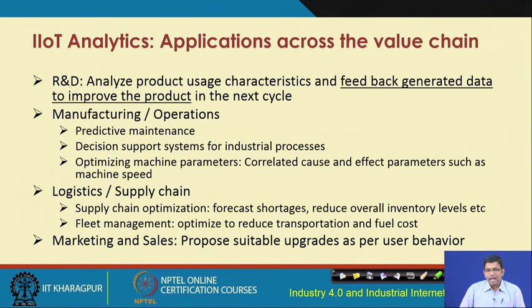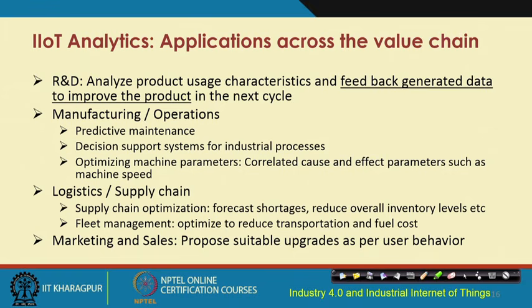Different applications across the value chain. For R&D, analytics is useful to understand the usage characteristics of a particular product and then feed back those insights generated from this analysis to the next cycle of the product that is being manufactured. For manufacturing and operations, predictive maintenance, decision support systems for industrial processes, and optimizing machine parameters based on the data collected from current operations, IIoT analytics is important.